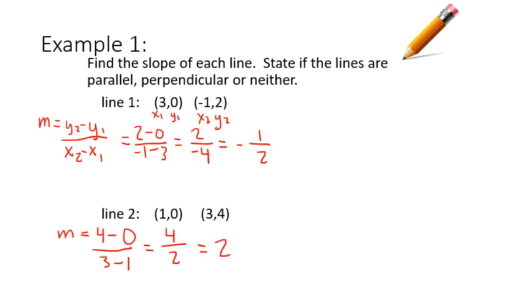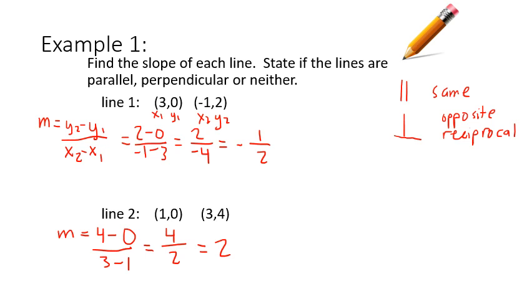The example also asks to state if the lines are parallel, perpendicular, or neither. Remember, parallel lines have the same slope. Perpendicular lines have opposite reciprocal slopes.